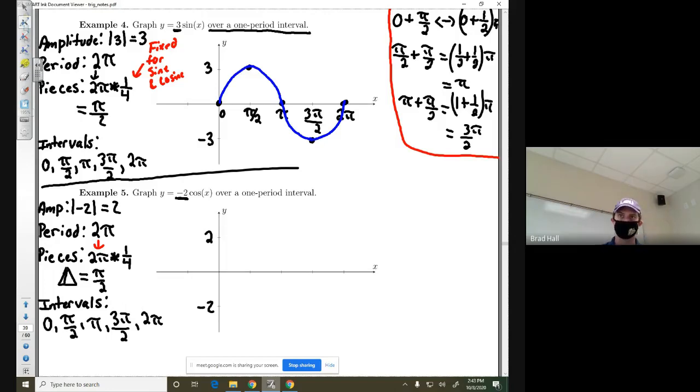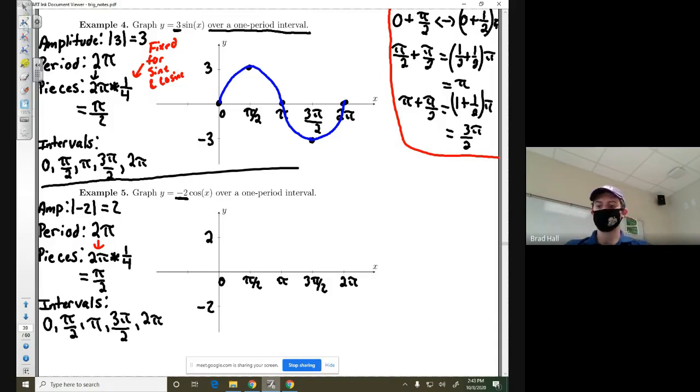But you don't have to think about that. So if anything, that tells us how to label everything. That tells us exactly how to label the 5 intervals.